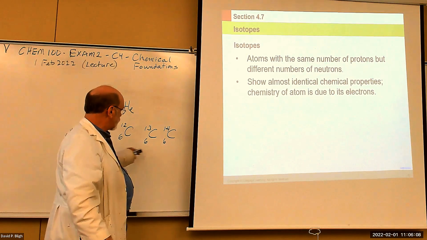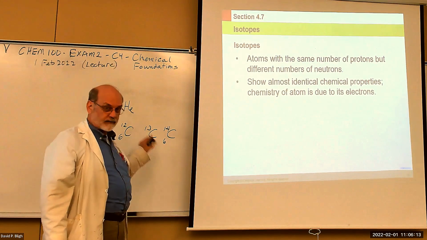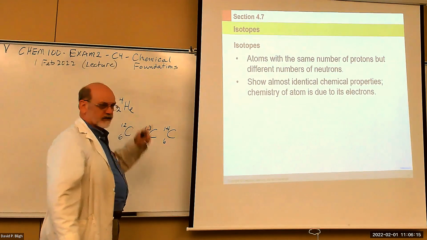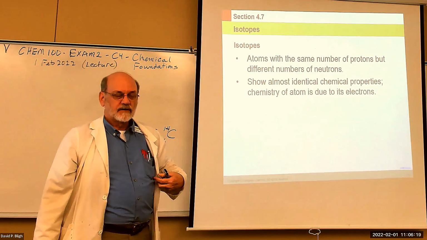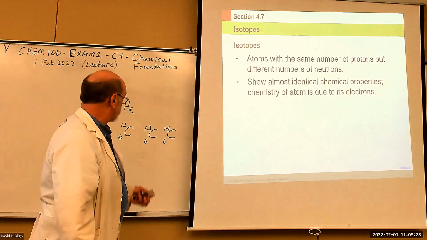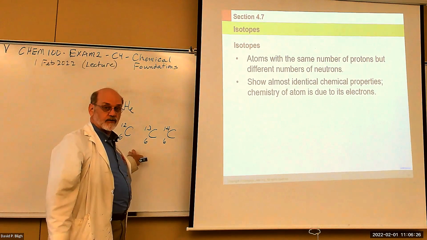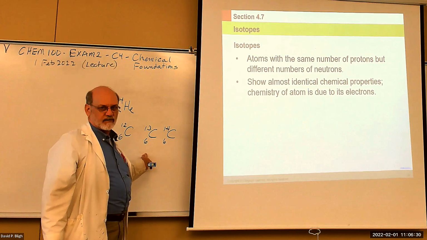Those are isotopes of carbon. They're all carbon. They have the same number of protons, same number of electrons, but different neutrons. So they have different masses, but they have similar, almost identical chemical behavior. In fact, the chemical behavior is so much alike for each isotope, you can't separate them by chemical means.